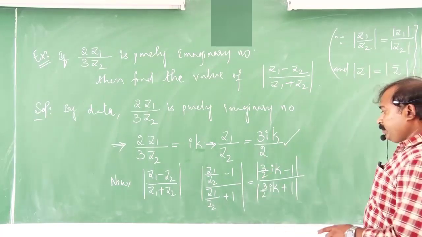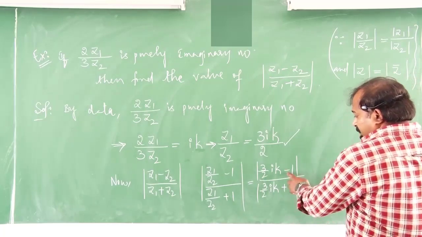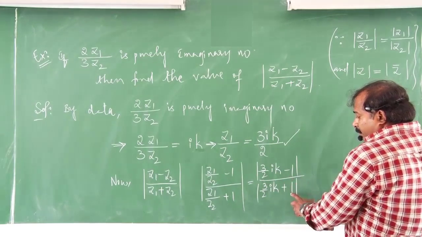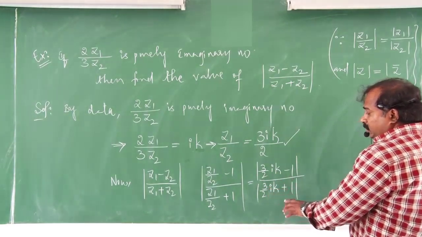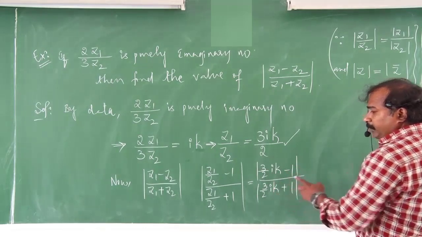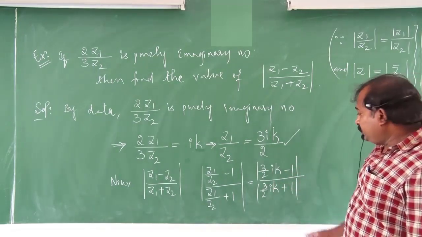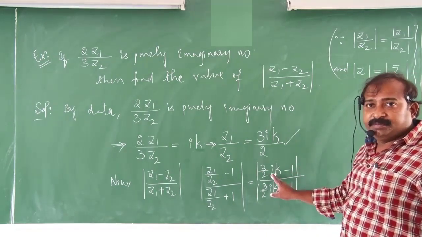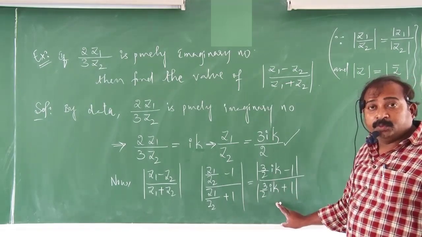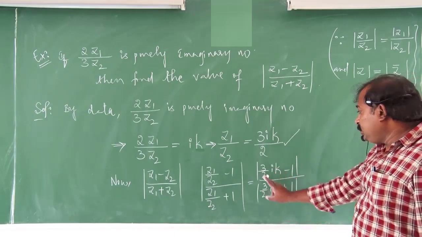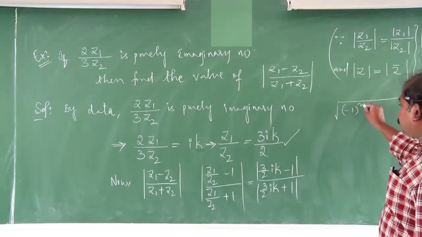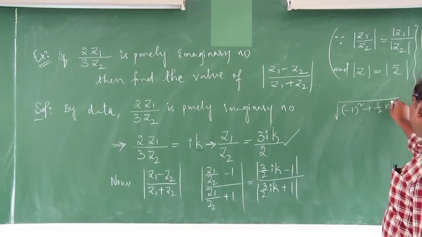Now, this is one complex number, minus 1 plus 3 by 2 ik, and the denominator is 1 plus 3 by 2 ik. What is the modulus value for the numerator complex number and the denominator complex number? Both are the same. The modulus of the numerator is root of minus 1 whole square plus 3k by 2 whole square.